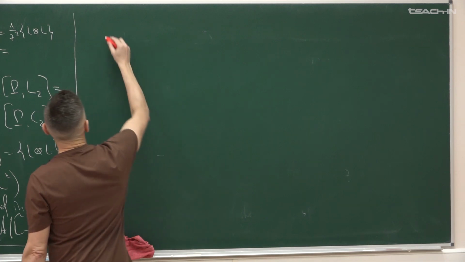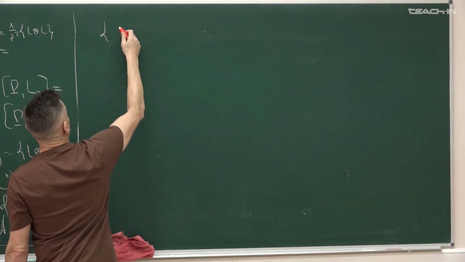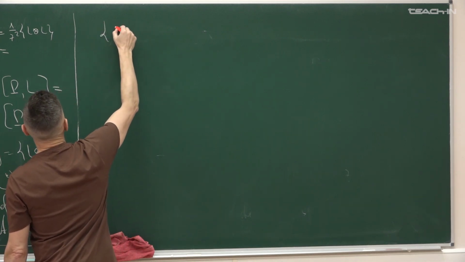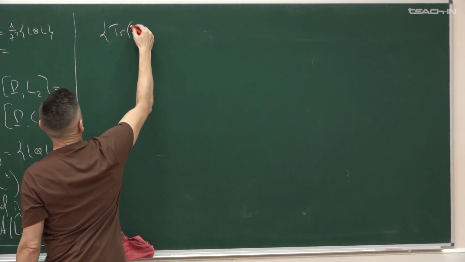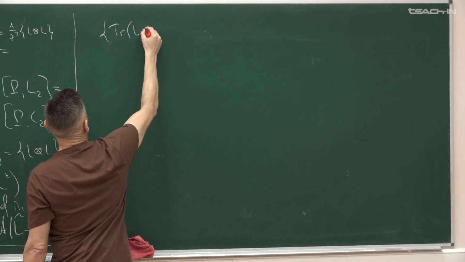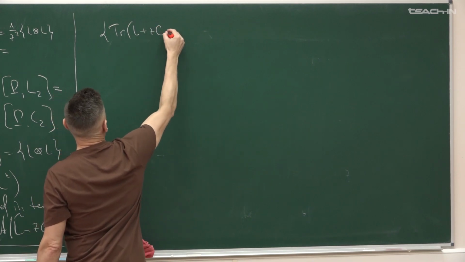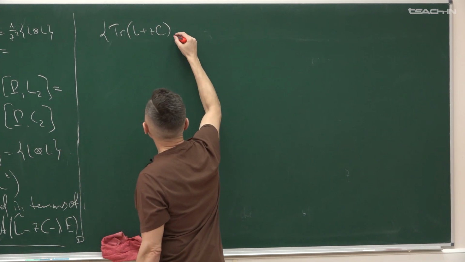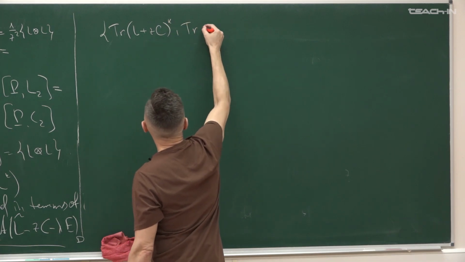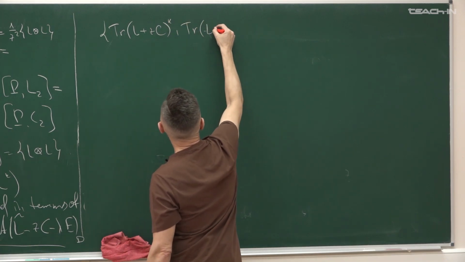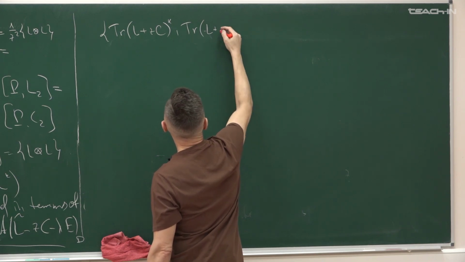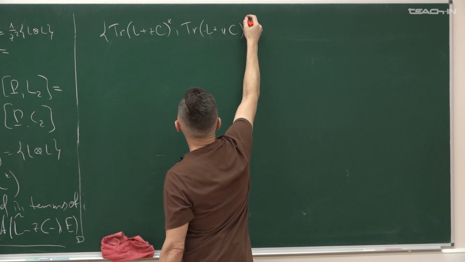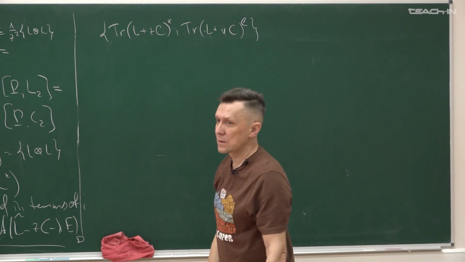So I need the following statement, that the trace of (L plus zC)^K and the trace of L... well, plus or minus, it doesn't matter.